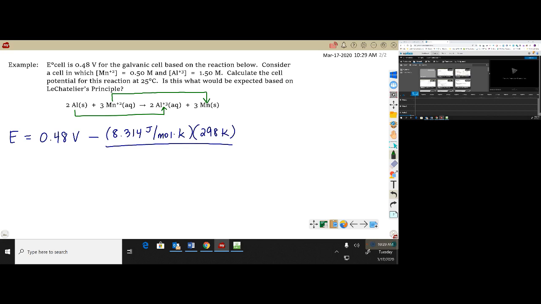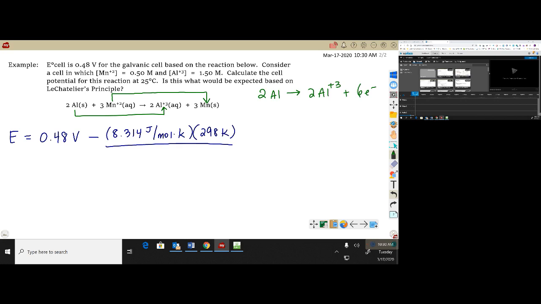If I do a little sidebar, I'd have the 2 aluminum, and they are forming the 2 aluminum +3 ions. The particles are balanced, but the charge is not. And the only way I can balance the charge is by adding electrons. So I've got neutral on the reactant side. I've really got a +6 on the product side. As is, this would transfer 6 moles of electrons.